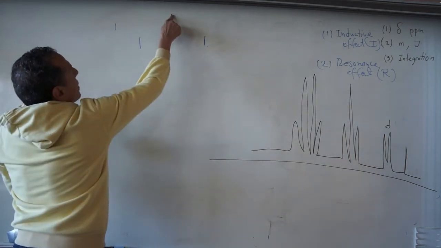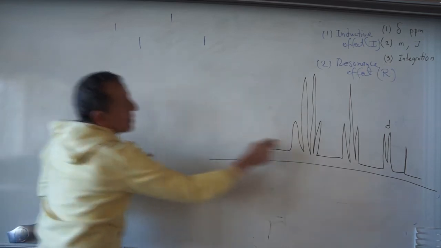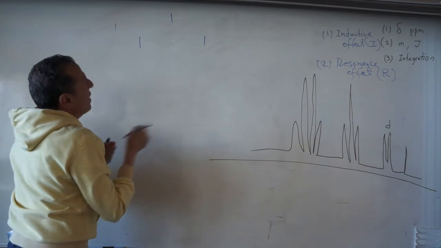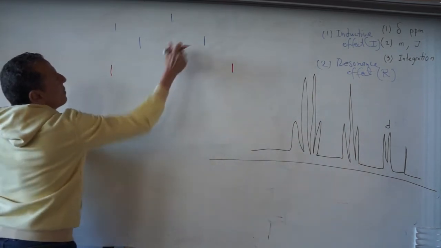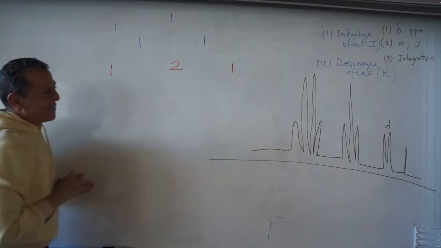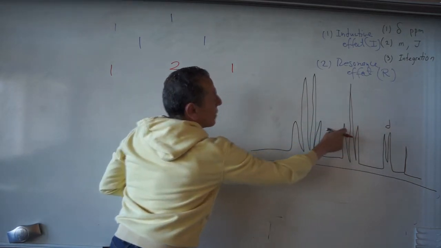So if you write here 1, this means 1 and 1. Then you can see it 1 to 1. This is intensity. Then the next, every time on the right hand side 1 and 1. What about in the middle? It is the summation of both. 1 plus 1 is 2. Then you will get this 1, 2, 1.